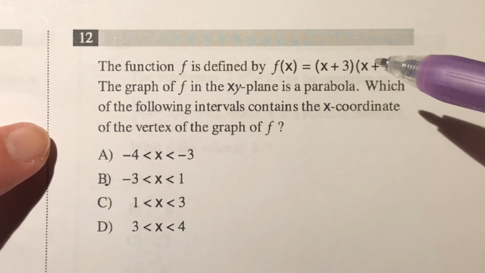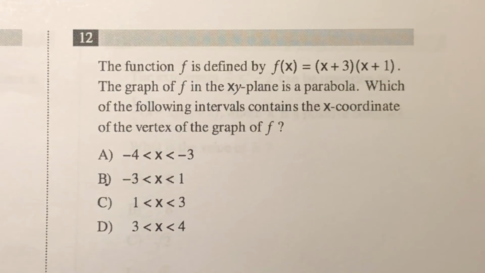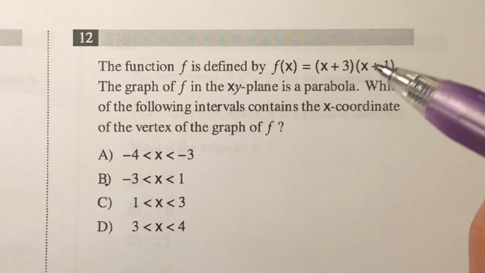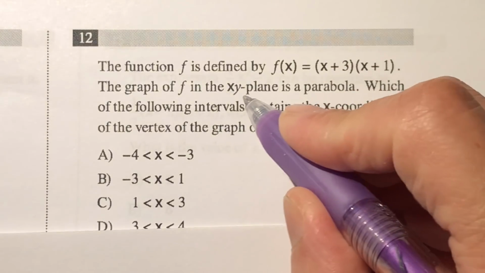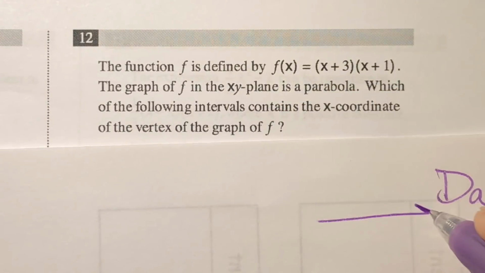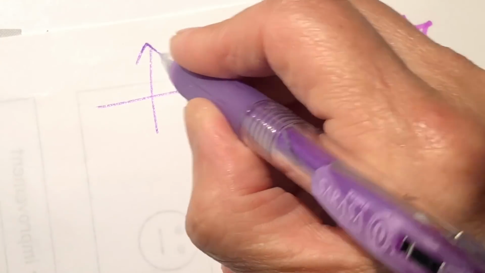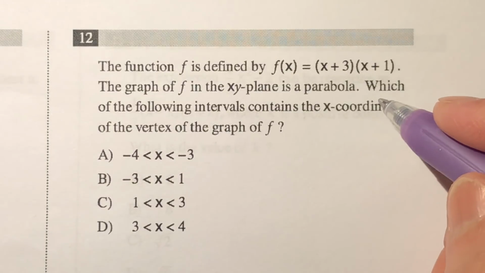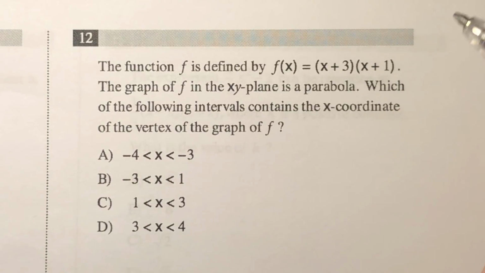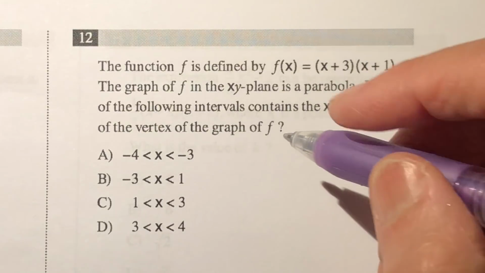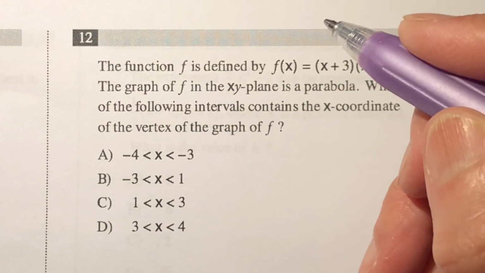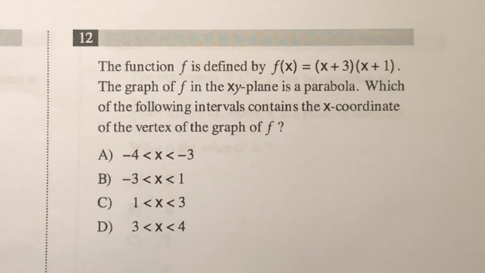So when we see there are so many complicated things, we try to understand. We need to draw an xy plane, and we need to find the parabola, the vertex, and roughly the shape of the parabola.